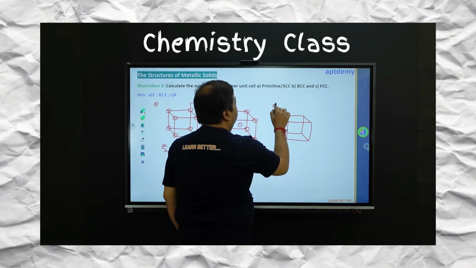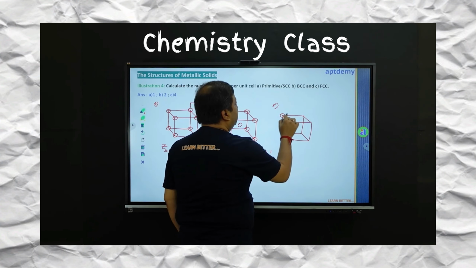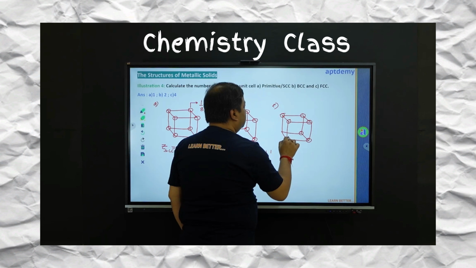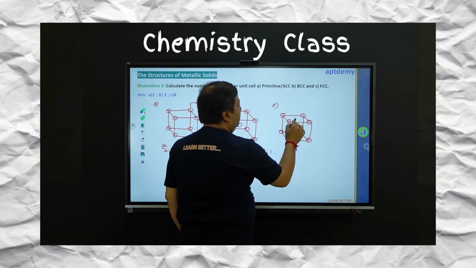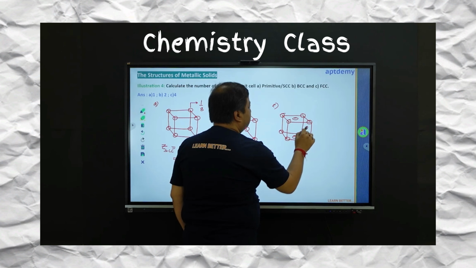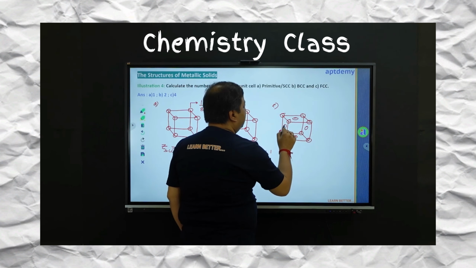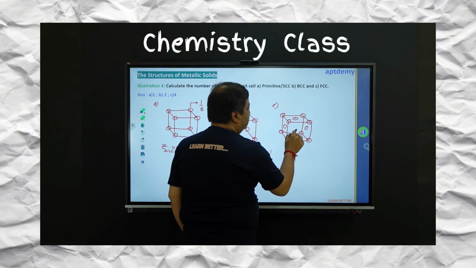Now we are answering for C, that is the face centered cubic lattice or cubic cell. So there are atoms at the corner and there are atoms at the center of each face. So top, bottom, right hand side, left hand side, and say this is front and that is behind.